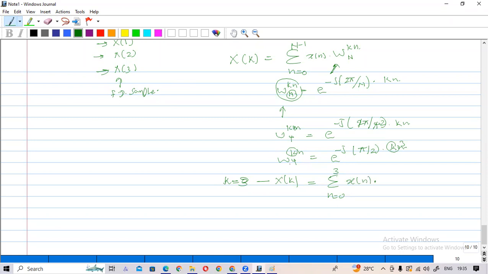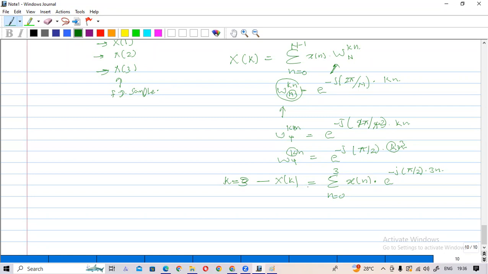I will write W_4^{3n} directly here, that is e to the power minus j π by 2 times 3n. I have directly written this W term here.